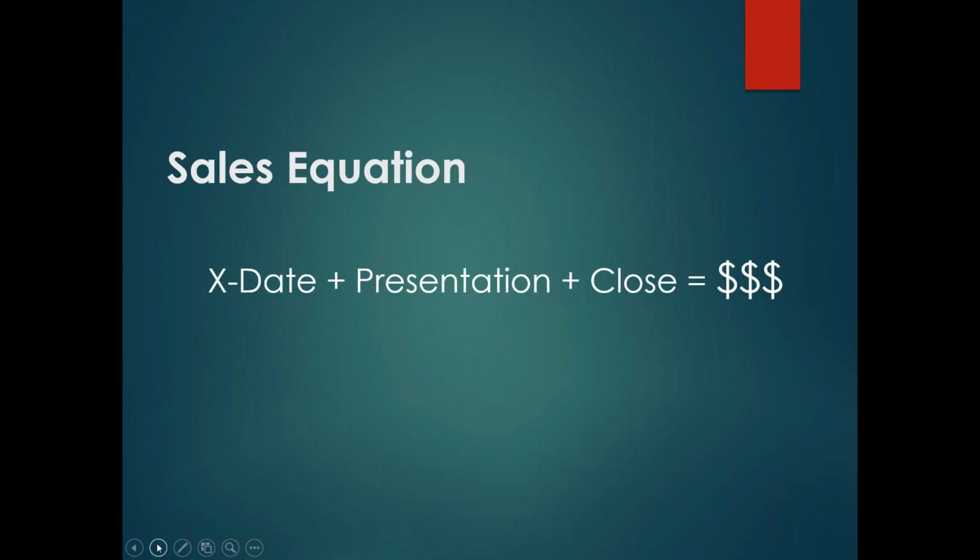This is a simple sales equation, but I've used the sales equation both. We're a wholesaler, and we use it in our business. And many years ago, when I did commercial insurance at retail level, this is the same equation we used. It's just easy because you have to gather X dates, expiration dates, or prospects, right?